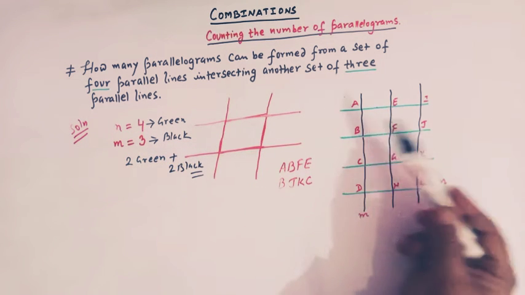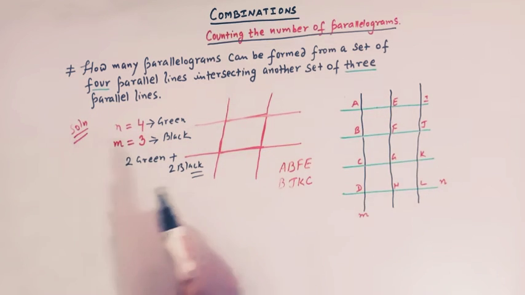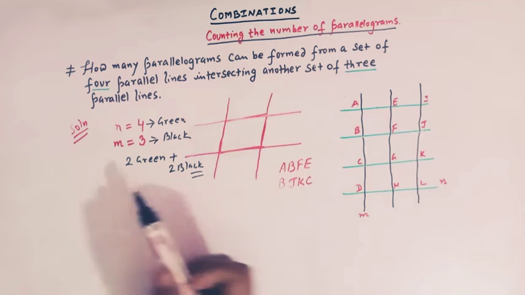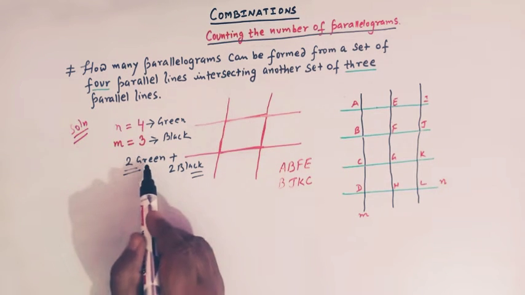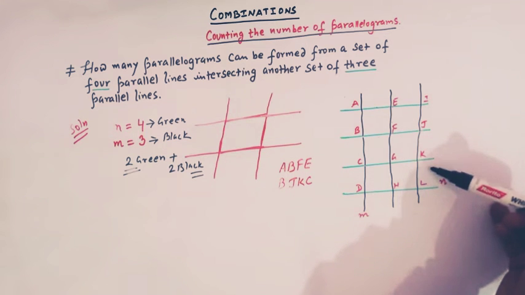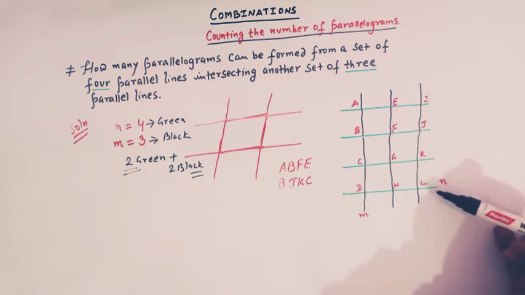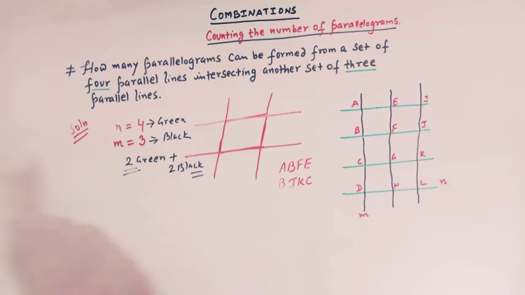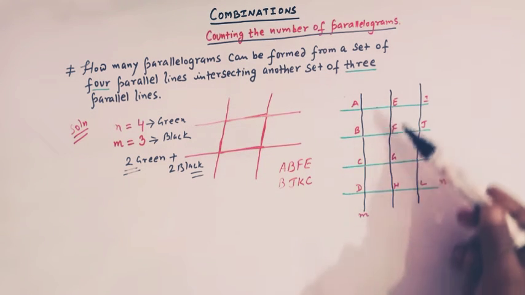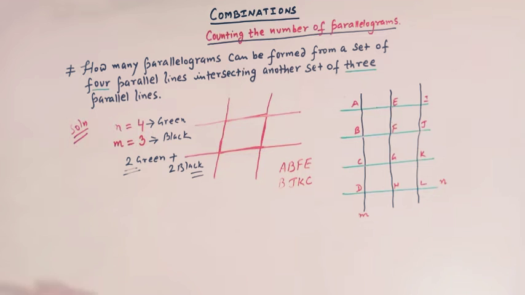The 2 green lines come from these 4 horizontal parallel lines, and the other 2 black lines come from these 3 vertical parallel lines.